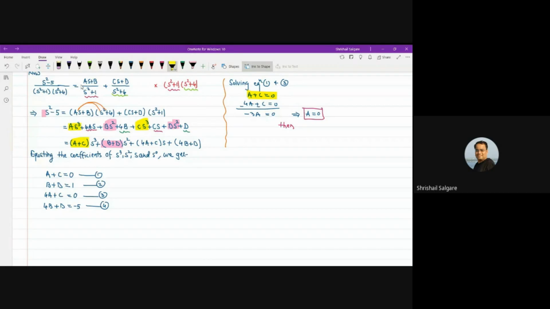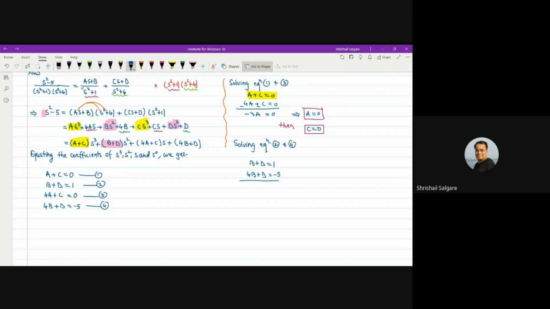C is also 0. Those are the two values you obtain. In the same manner, B and D, solving equations 2 and 4: B plus D is equal to 1, and 4B plus D equal to minus 5.